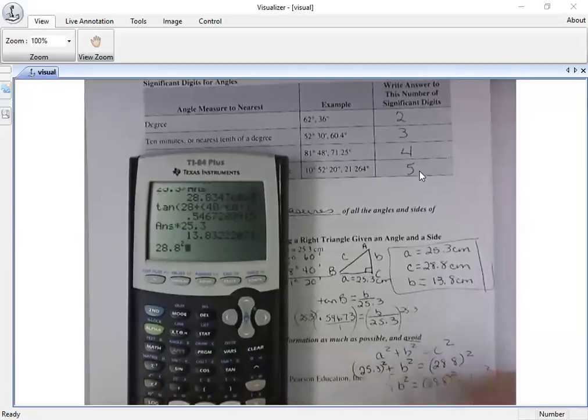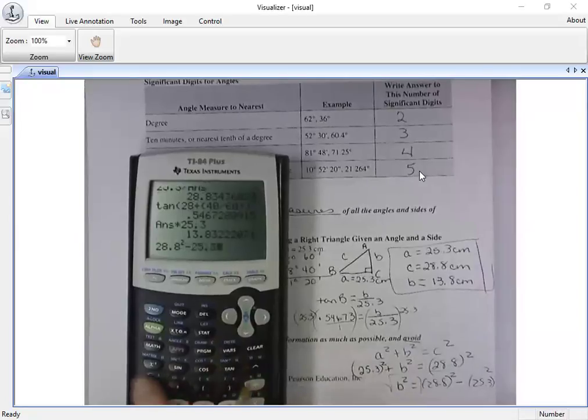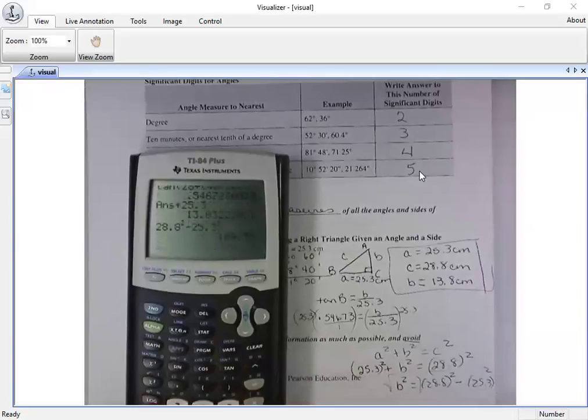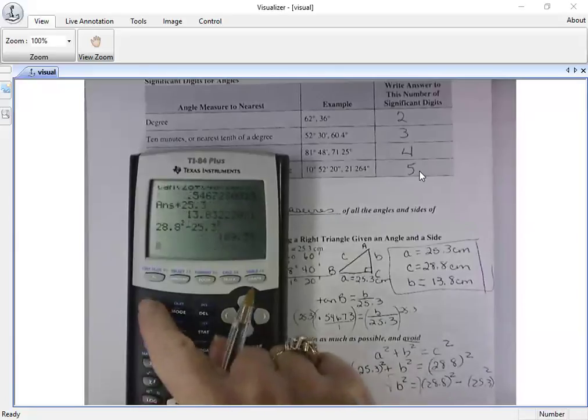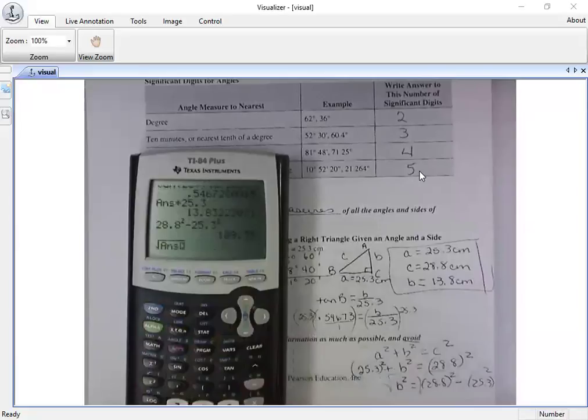And then I will take the square root of each side. So I'm going to take the 28.8 squared minus the 25.3 squared, and it's that number. And then if I take the square root of that number, look what we got, 13.76. Will it round to 13.8? Yes, it did, but it kind of just barely rounded to 13.8, right?